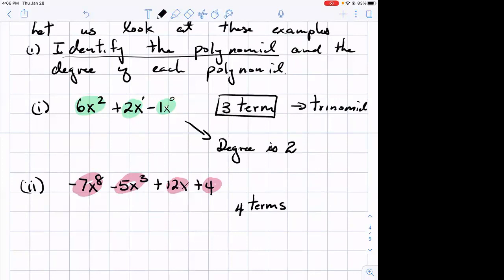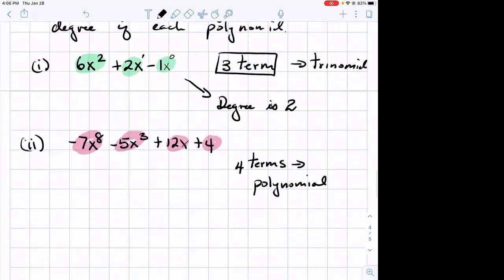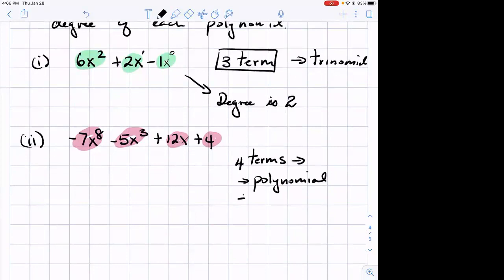And if it has more than 3, we just call this a polynomial. We refer to this as a polynomial. I'll write that in the bottom. Now we look at the highest degree. The degree is 8, because 8 is the highest degree.